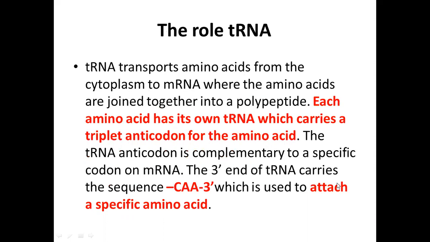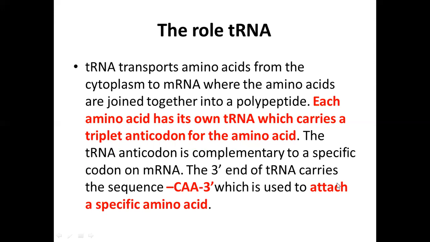Then quickly, the role of transfer RNA. Transfer RNA transports amino acids from the cytoplasm to the messenger RNA, where the amino acids are joined together into a polypeptide chain. Each amino acid has its own transfer RNA, which carries a triplet anticodon for the amino acid.